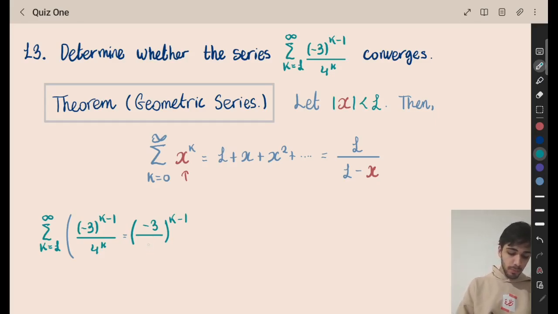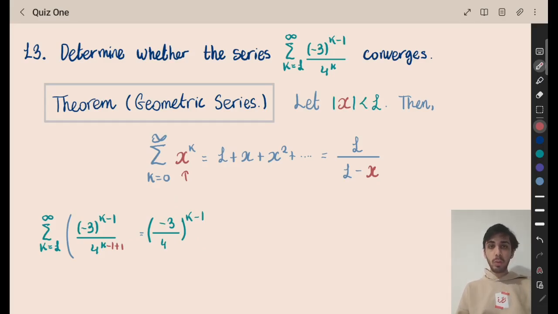In any way, notice that what we've done here is we've taken away 1 from k, but we don't have this freedom. So if we take away 1 in the exponent, we have to add 1 in the exponent. And adding 1 in the exponent gives you a quarter.